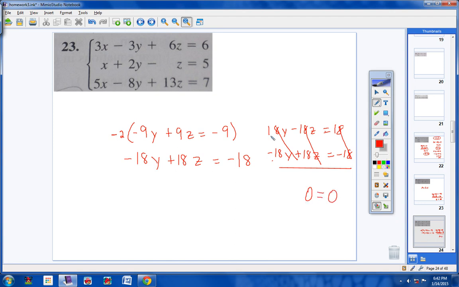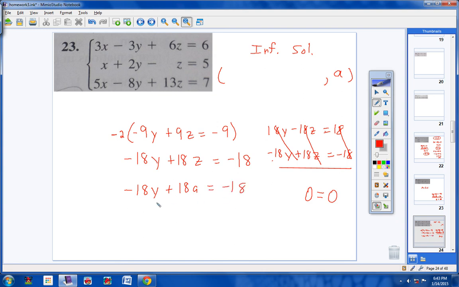Now, as soon as you realize that, students, you know right away you're going to have infinite solutions for an answer. And remember how I've taught you to do this. You write your answer in terms of a. So where c is, you put an a. So here's c, I'm going to put an a. So negative 18y plus 18a equals negative 18.